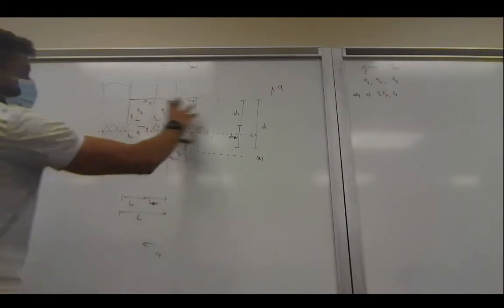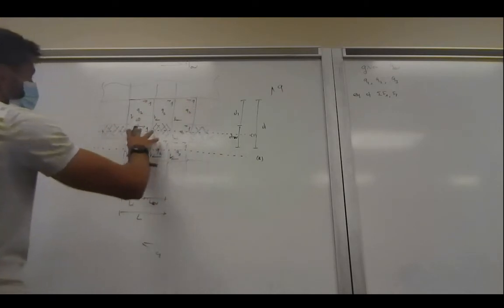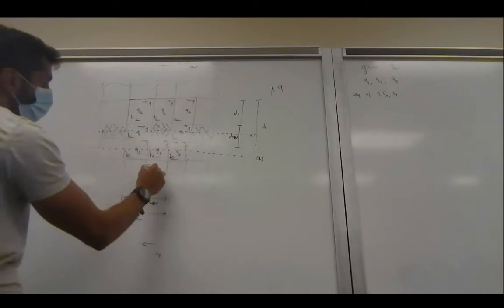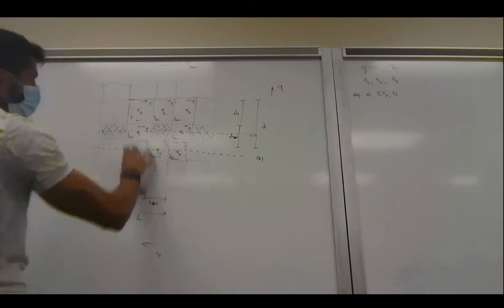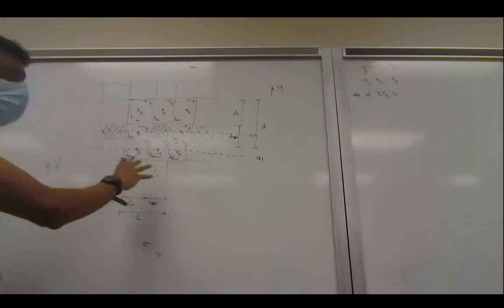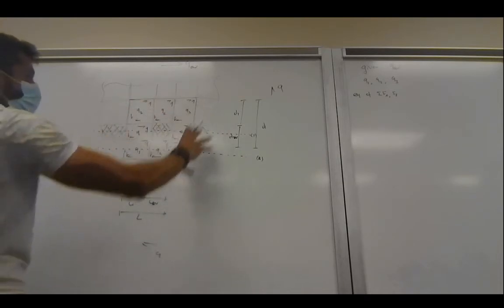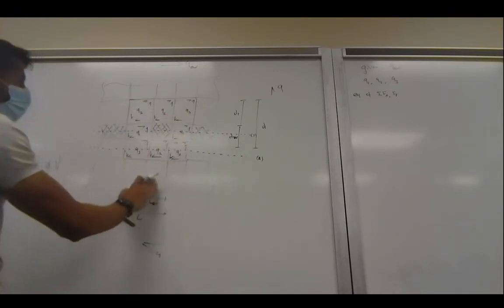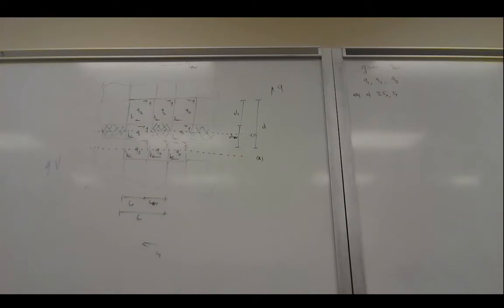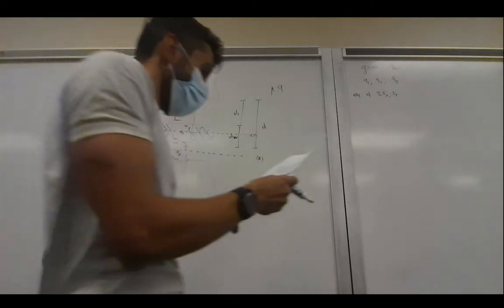Imagine that this is similar to this panel, where you would have a cutout, so this will be representative of this as well. So this patch of 4 panels, you can place anywhere on the structure because it's doubly periodic. And then we just take the equilibrium equations.